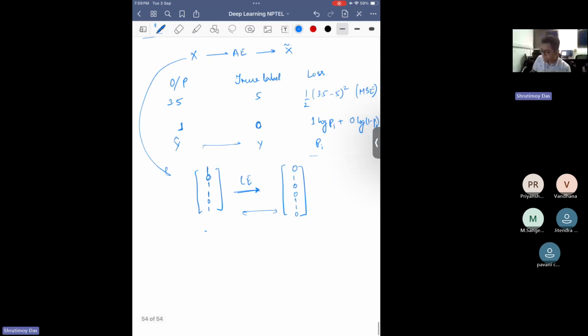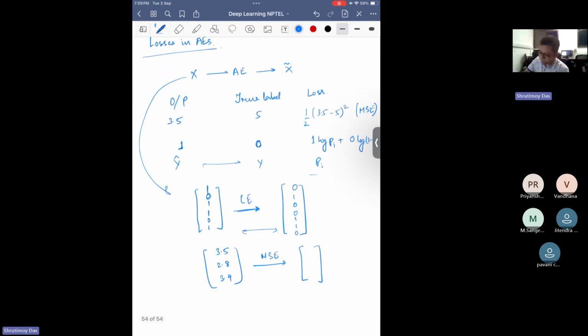And similarly, if you have some data like 3.5, 2.8, 3.9, here you'll use MSE. So depending on the type of data, if your features have binary values, 0 or 1, you'll use a cross entropy loss.